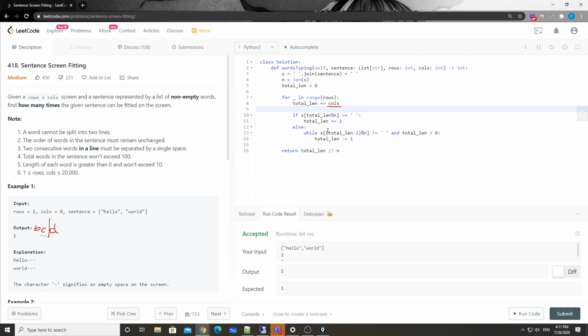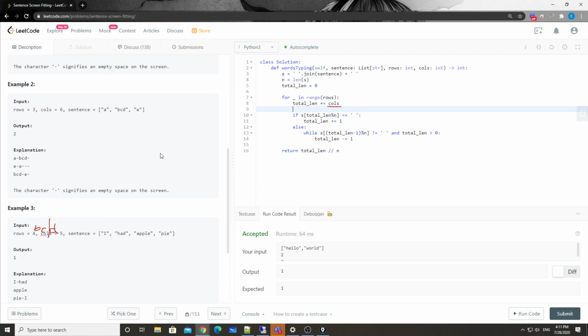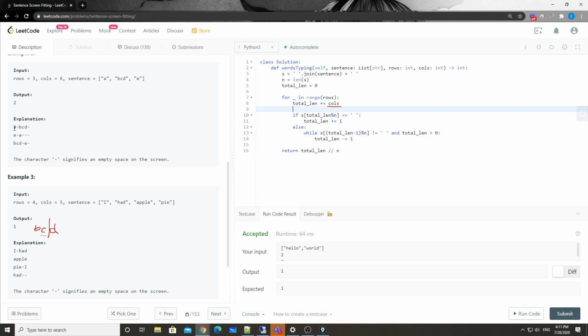So for this type of problem, even though you realize that I just need to know the total, I think to be able to come up with this kind of solution, you have to be insightful about the essence of this problem. Basically, all it asks us is to find the total valid length we can utilize for each row.